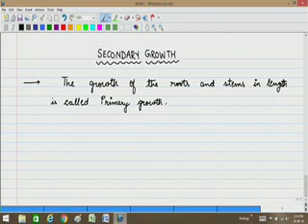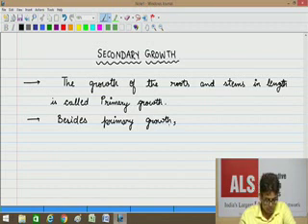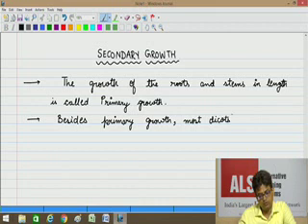Primary growth. Besides primary growth, most dicots exhibit an increase in girth or thickness.